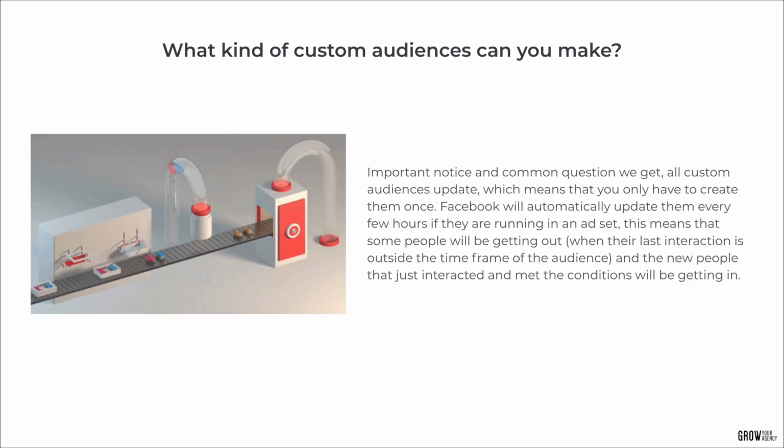Now, an important notice is that all custom audiences update, okay? Which means that you only have to create them once. What Facebook will do is automatically update them every few hours if they are running in an ad set. This means that some people will be moving out of that period, for example, when their last interaction is outside the time frame of the audience, and new people that just interacted and met the conditions will be going into that audience, okay?